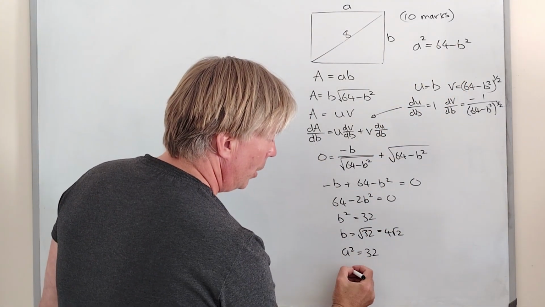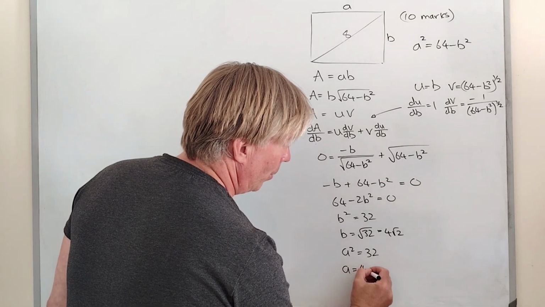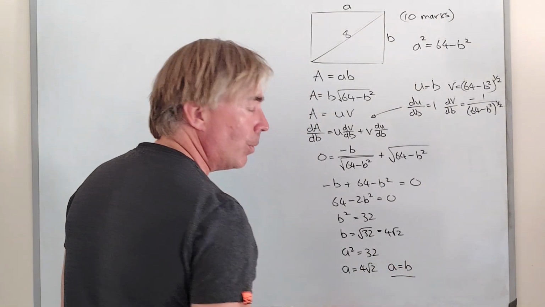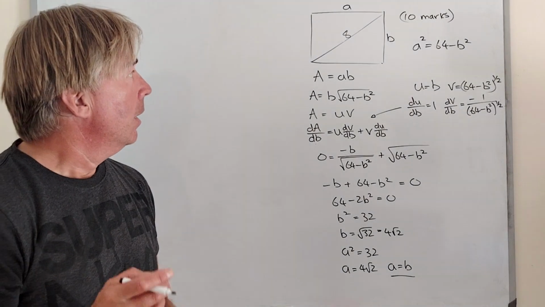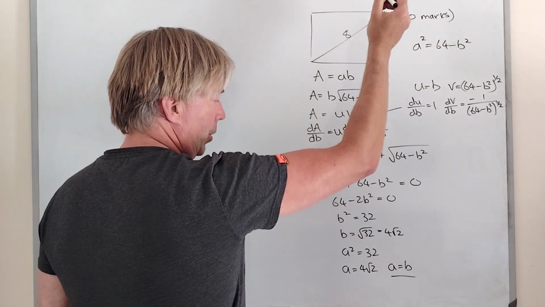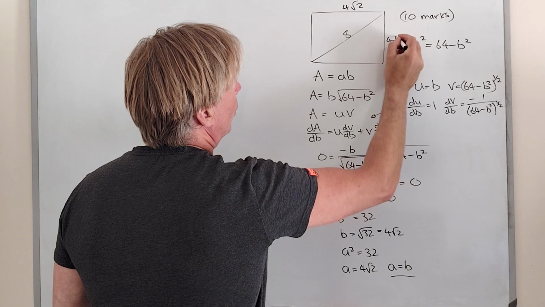Nice simple substitution. So A is also equal to root 32, which is also equal to 4 root 2. So from this, we can say that A and B are equal. So our rectangle is a special case and it's a square. So we can now just go ahead and put our two side lengths, 4 root 2 and 4 root 2.